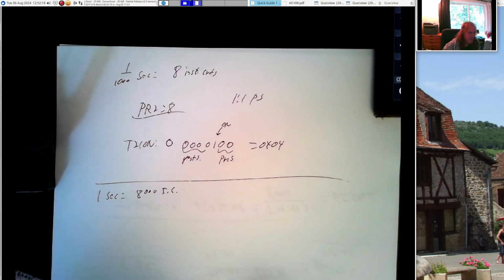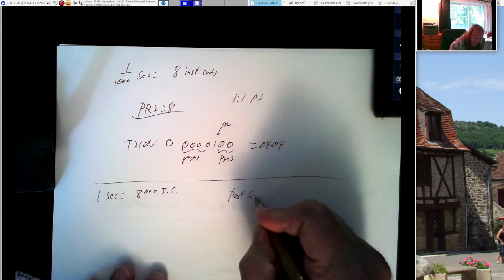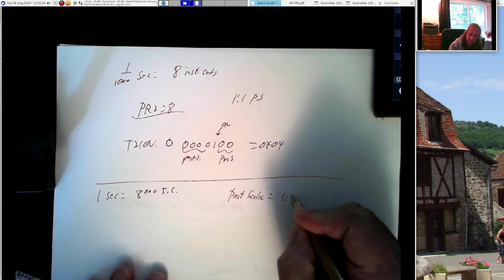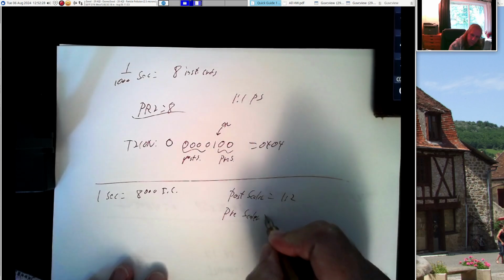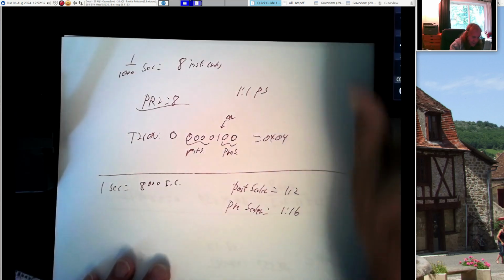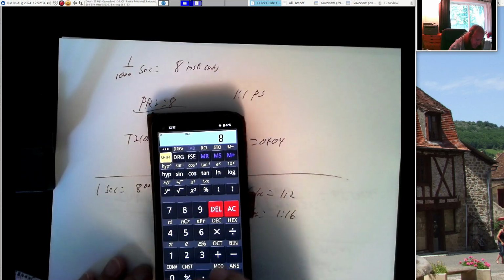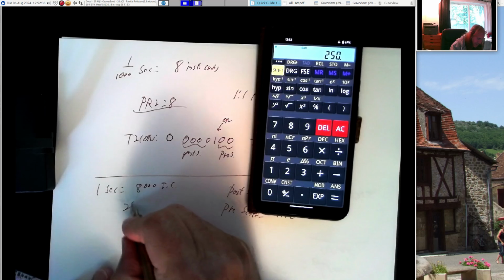So let's say post-scaler equals 1 to 2, pre-scaler equals 1 to 16. So that's effectively 32, and now if we do 8,000 divided by 32, that's 250.